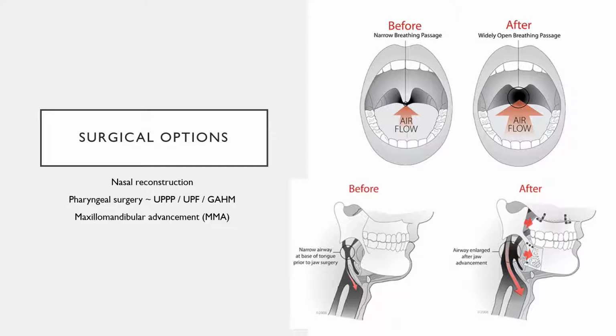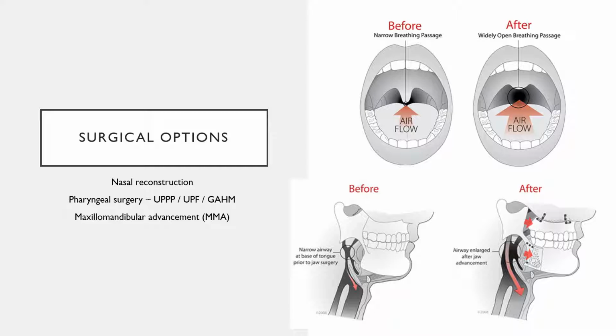Your book will go over these more in depth and you can see the actual words, but if I try to say what those abbreviations stand for, I'm going to butcher it, so I'm not even going to attempt it. But notice on the before how narrow the back of the airway is, and then after they do the surgery, they have opened it up. They've gotten rid of all the tonsils, the uvula, and maybe some of the palate.